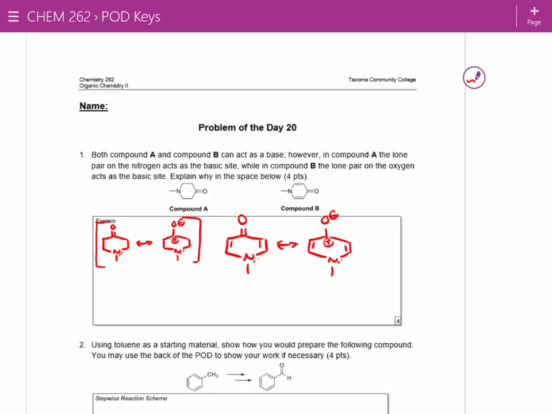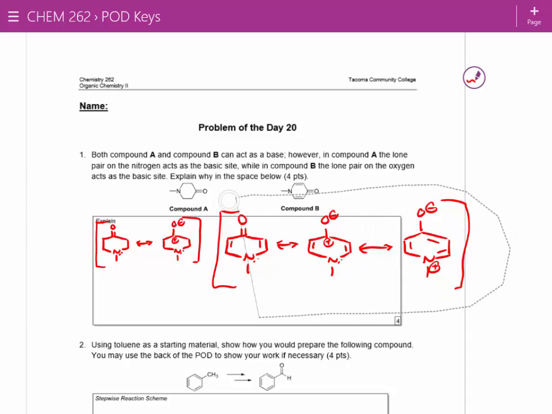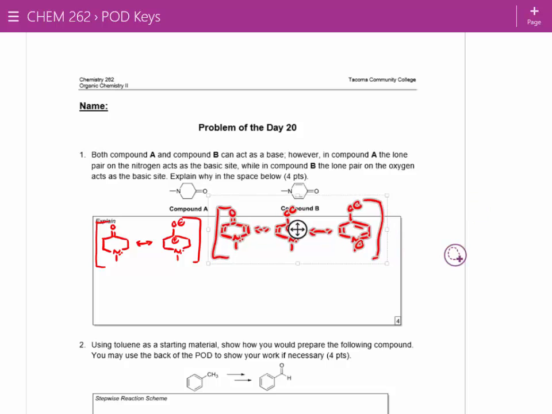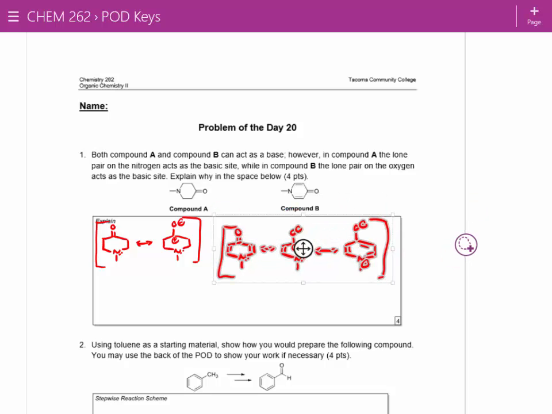This carbon has a positive charge, but there's also one additional one. All right, so this one has additional resonance structures. I'm drawing the main contributors here. Try to shrink this into something that fits in our box.